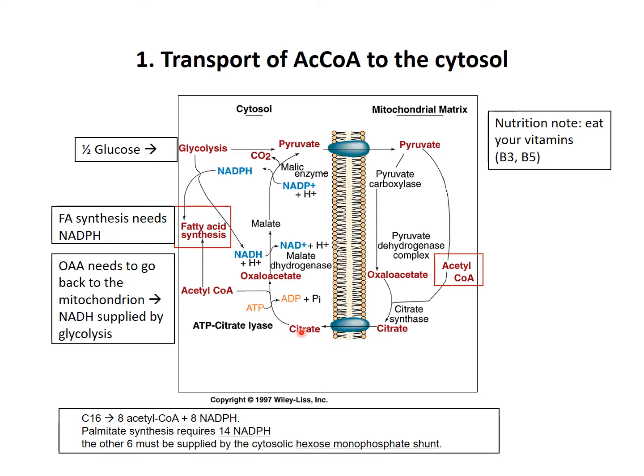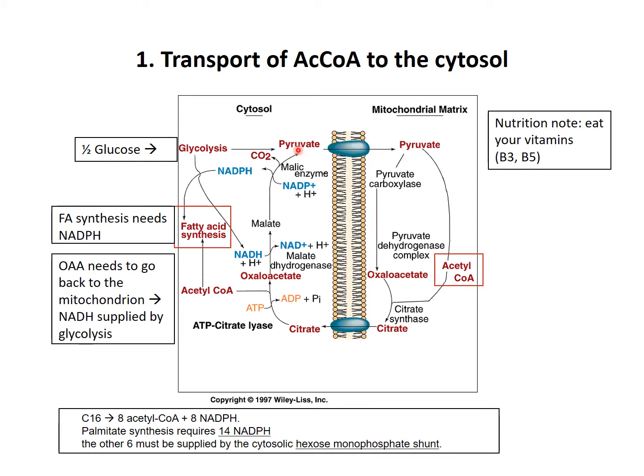We don't need citrate, we need acetyl coenzyme A. Thus, the citrate needs to be lysed to produce acetyl coenzyme A and oxaloacetate back. Oxaloacetate doesn't have a transporter to go back to the mitochondria, but it can be reduced to malate, and we use NADH for that, which comes from glycolysis.